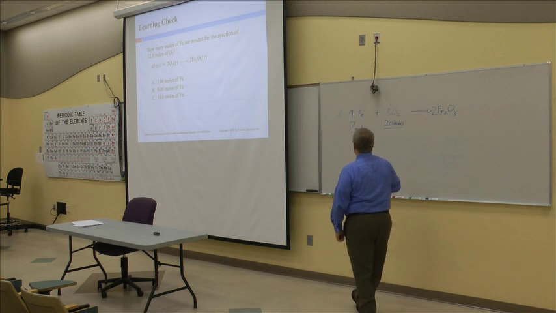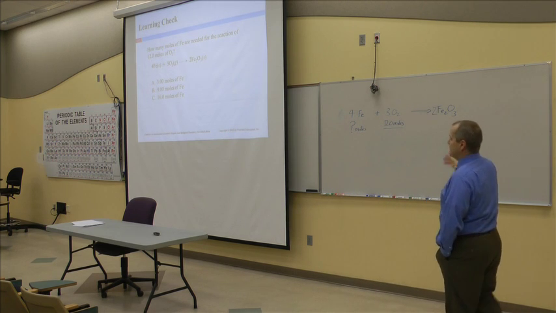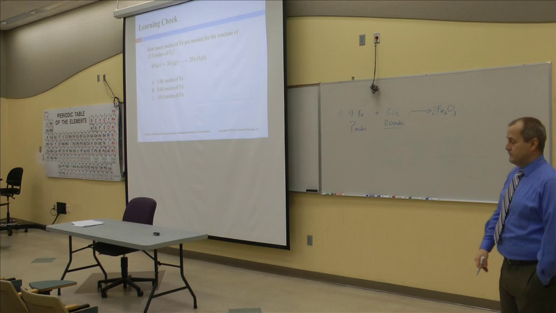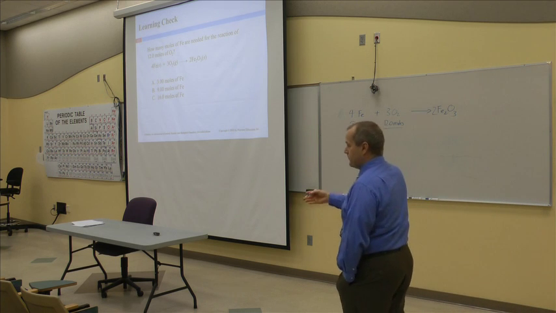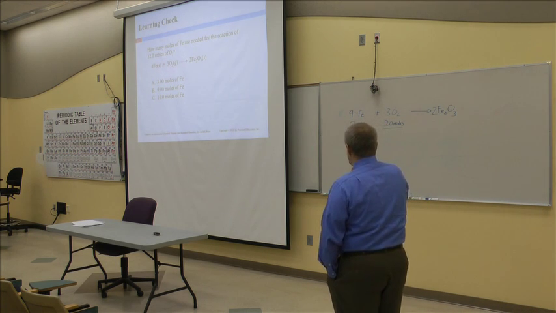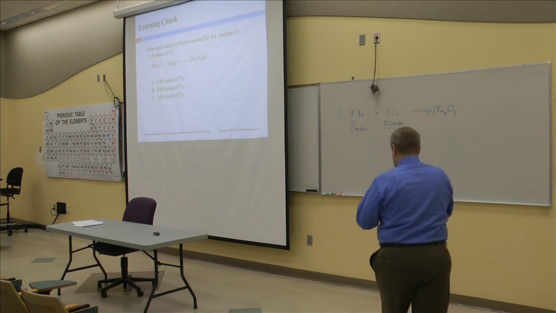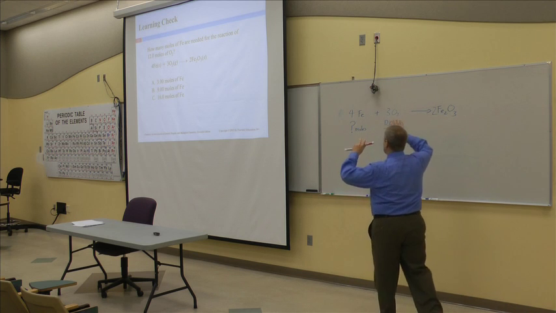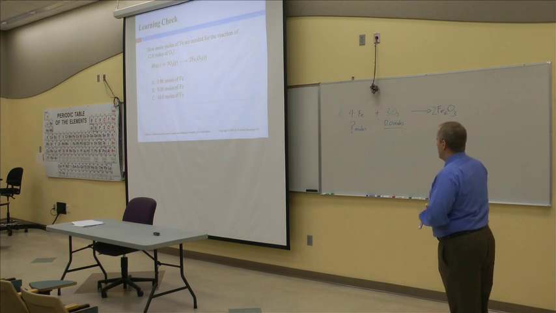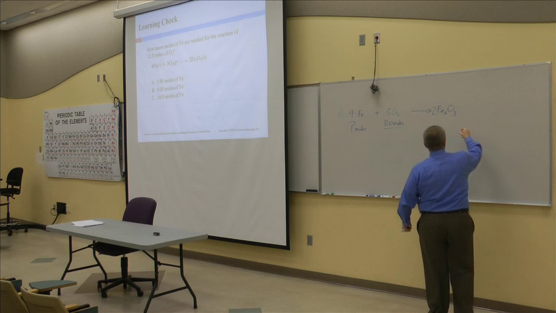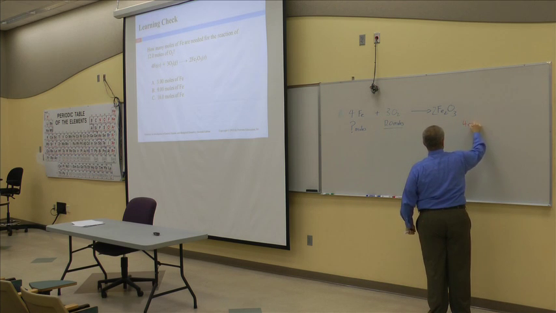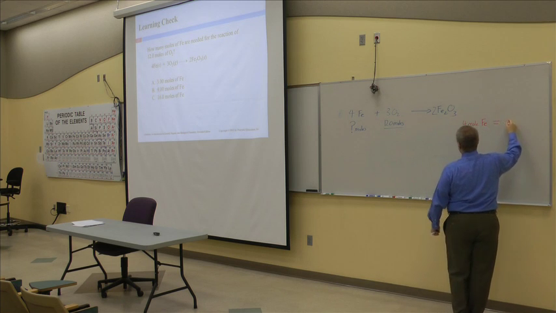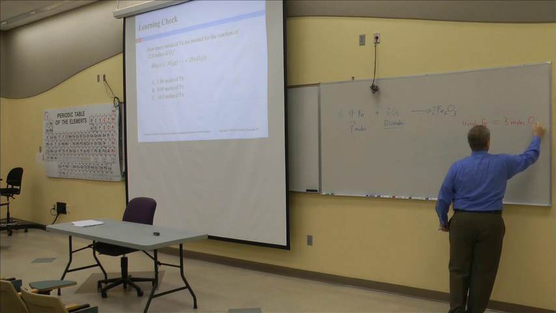So now from that question I know that I want to go from moles of oxygen to moles of iron. That's what the question's asking me. So let's just examine the equation real closely. In this particular equation, I know that if I have 4 moles of iron, I must have 3 moles of O2.